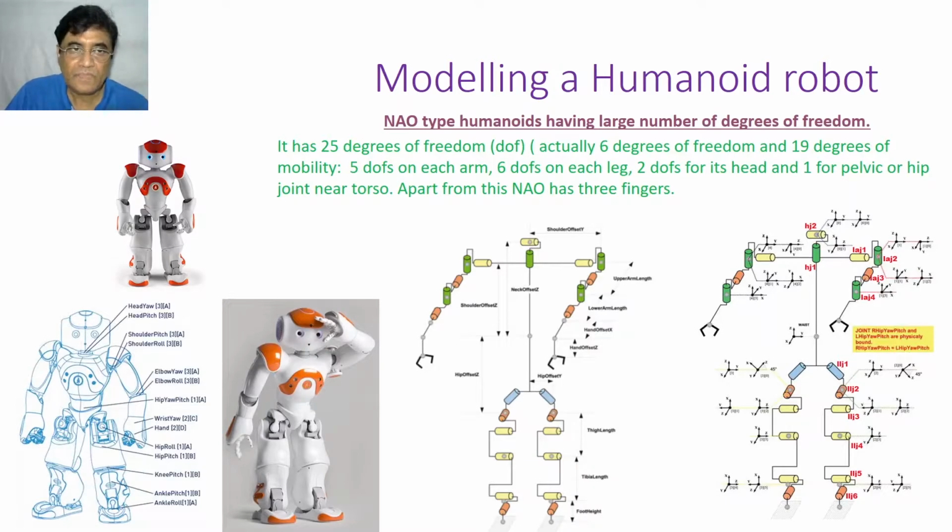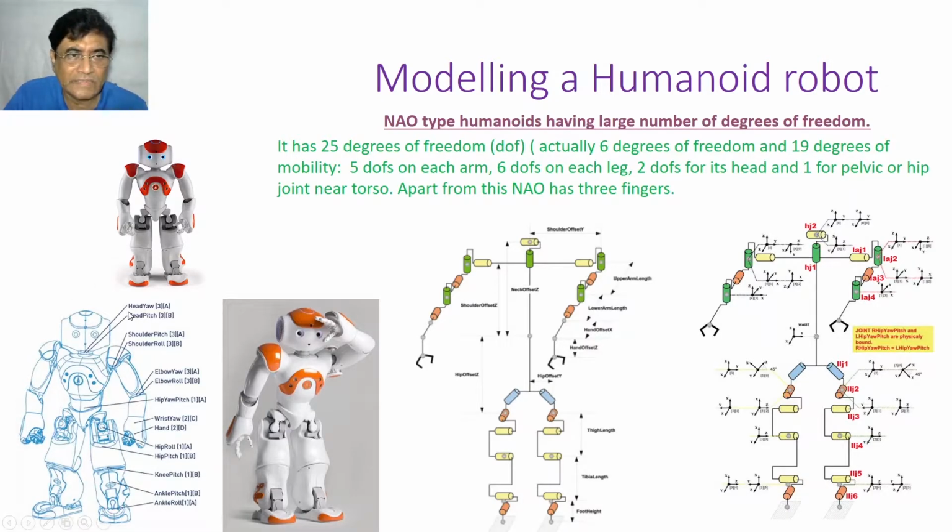Okay. And this robot has all revolute joints, so they are using this convention. They have been named like head yaw and head pitch. That means the head can rotate just like this, and pitch. There are so many names for rotating joints, pan and tilt and all kinds of things, right?